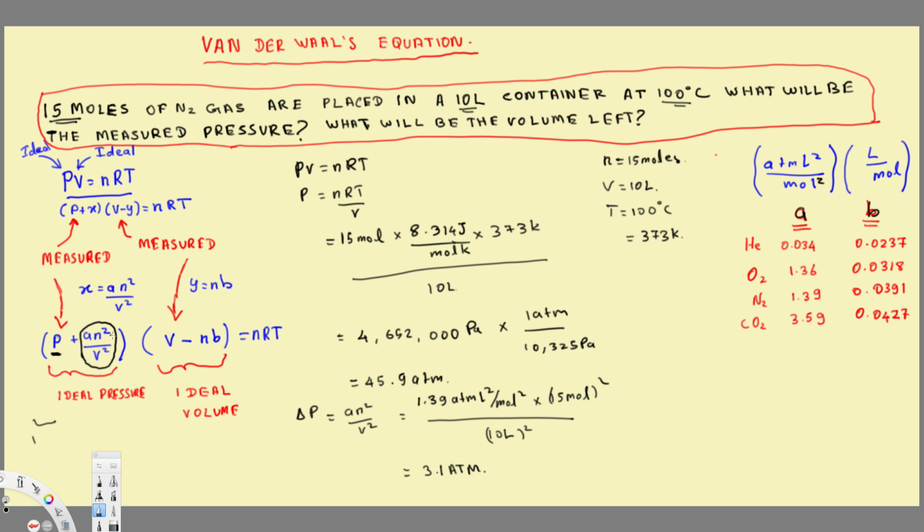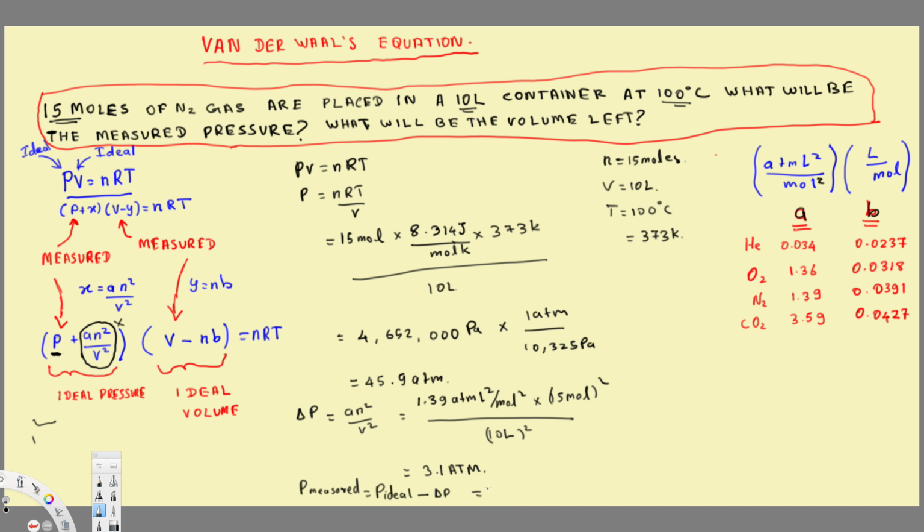So this is this value right here. To find the measured pressure, I have to simply subtract this from the ideal pressure. So P measured is equal to P ideal minus delta P, the adjustment factor.